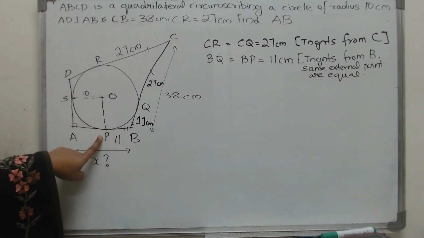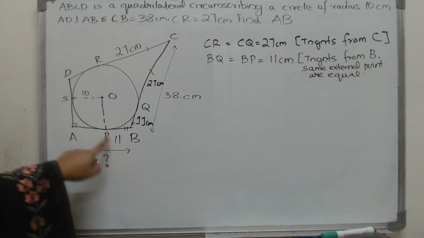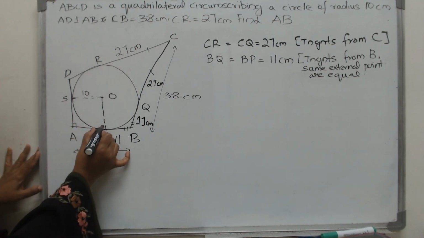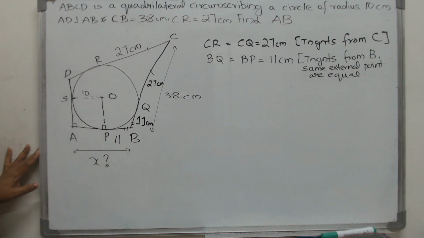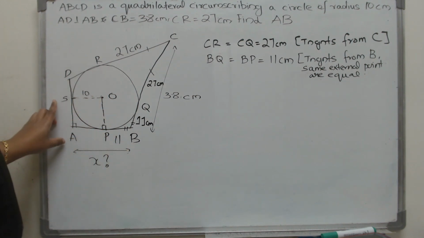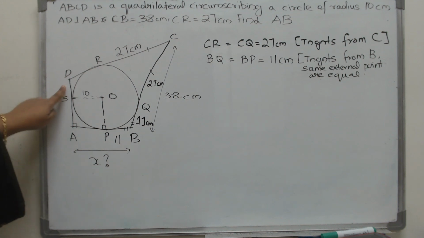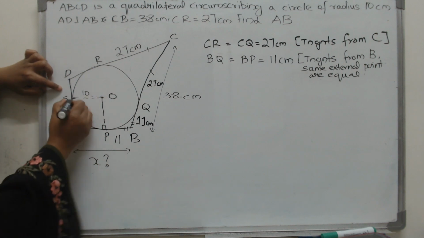Then what do you see? OP is the radius, AP is the tangent, which means what? At the point of contact they are perpendicular to one another, the radius and the tangent. But then that is not the only tangent, right? Here AS is also a tangent, OS is also a radius.